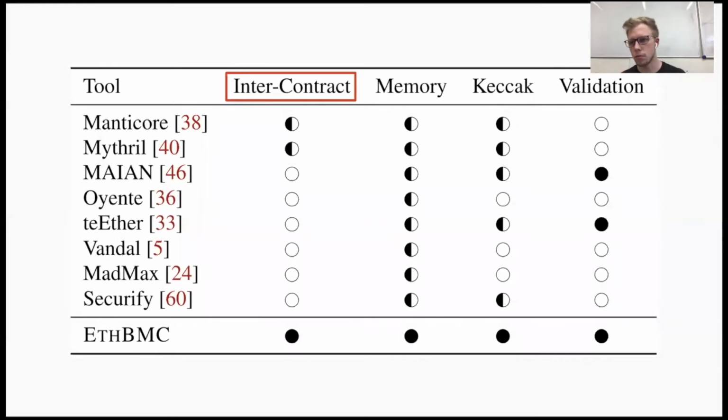I will go into very sparing details here because you can check out the paper for details. But basically, all tools we analyzed lacked in the category of inter-contract reasoning. The Ethereum system allows a contract, during its execution, to also execute another contract.